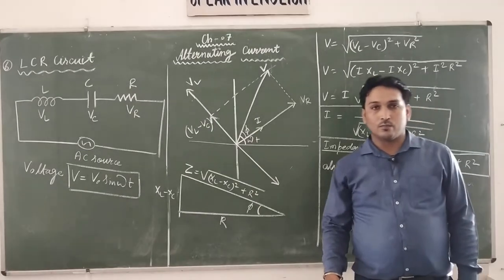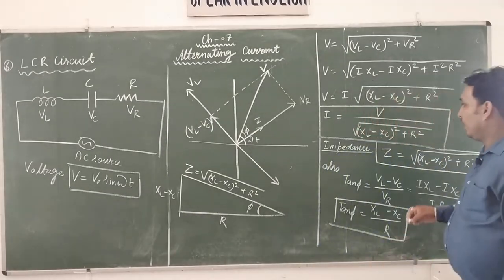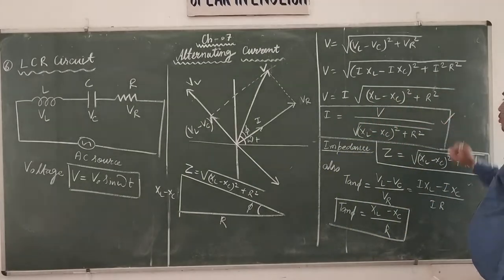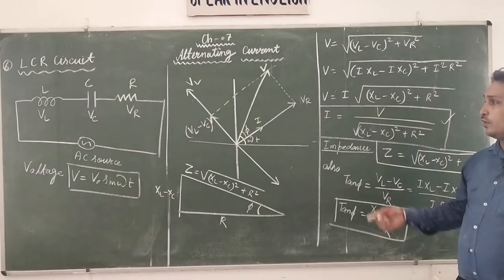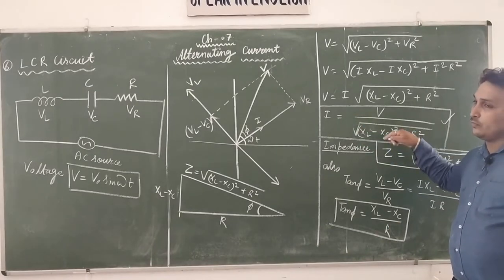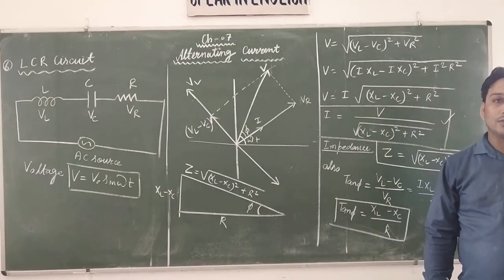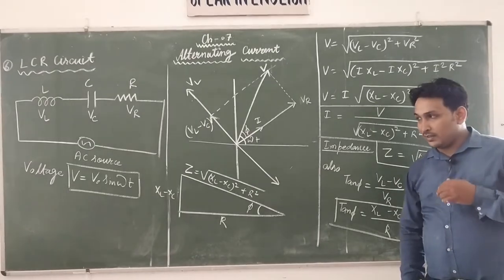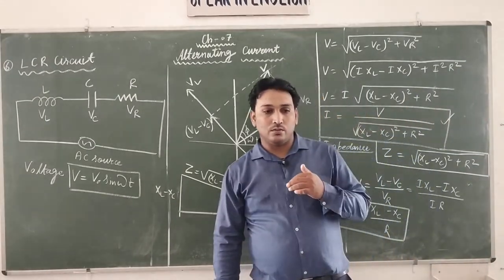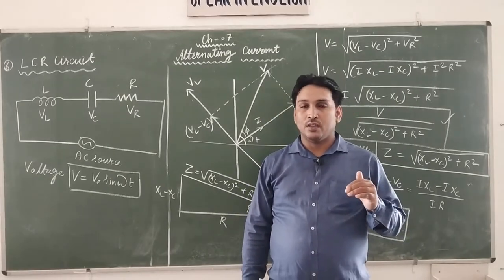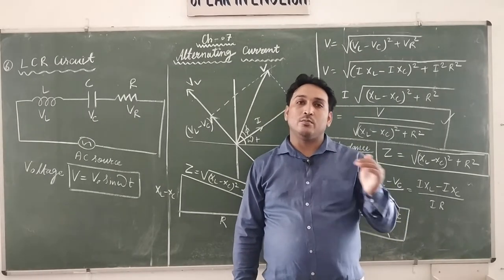But let me tell you what is going to happen. In the next video lecture, I will start with this formula: I is equal to V upon the root of XL minus XC whole square plus R square. So if you have not understood from where this formula has come, you will not be able to understand the next lecture. So all these lectures must be watched in sequence. You should start right from lecture number 1.